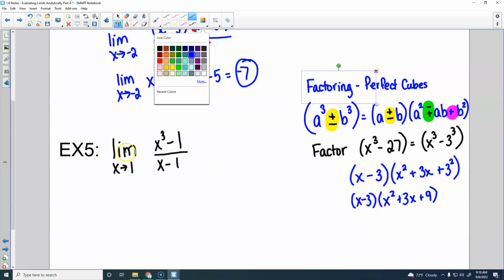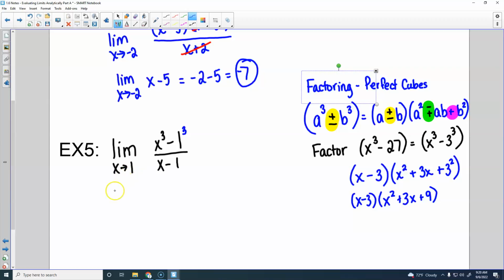If I need to find this limit here, I want to factor. So this is a perfect cube right here because it's x cubed minus 1, and 1 is a perfect cube, right? I could think of that as being 1 cubed because that would still be 1. So if I'm factoring here, I'm going to keep my limit notation because I'm not plugging in yet. And so I would have x minus 1.